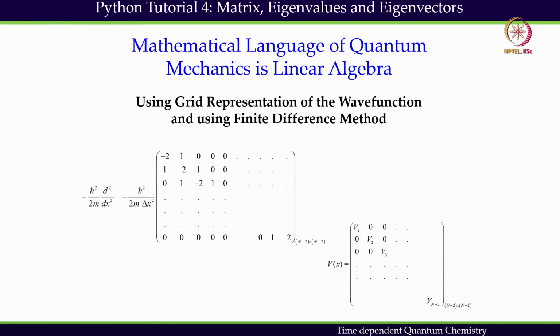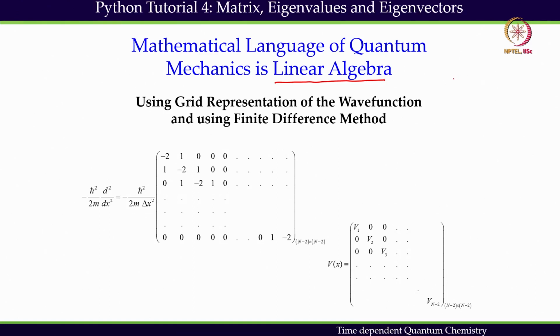In module 4 of this course, we have already realized that the mathematical language of quantum mechanics is linear algebra. And in the same module, where we have shown the connection between quantum mechanics and linear algebra, we have presented the grid representation of the wave function.